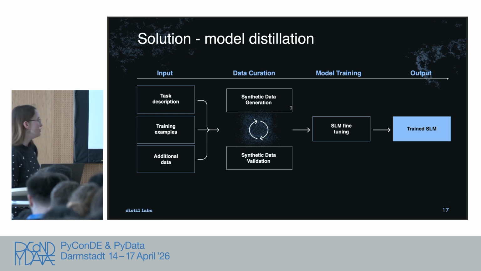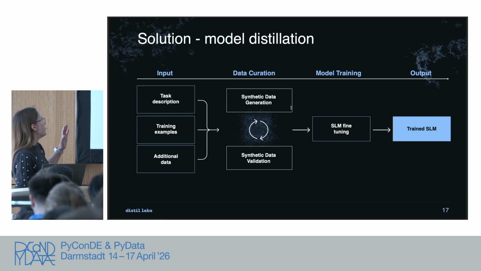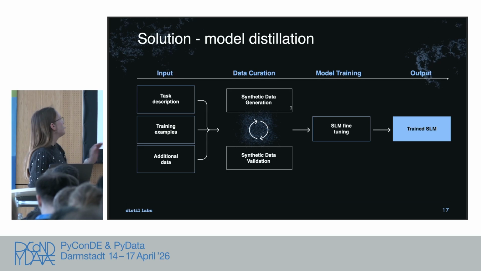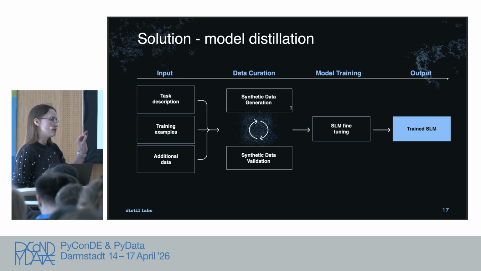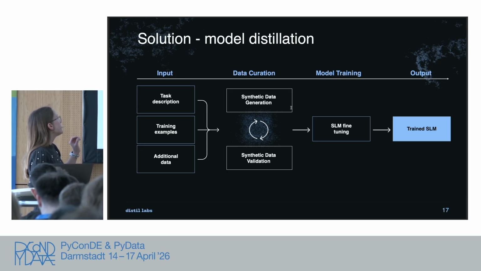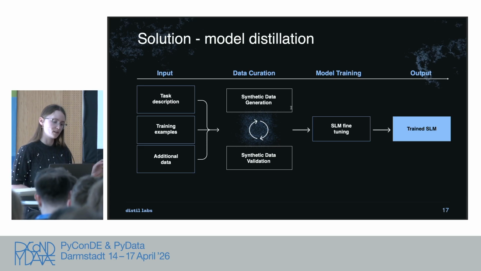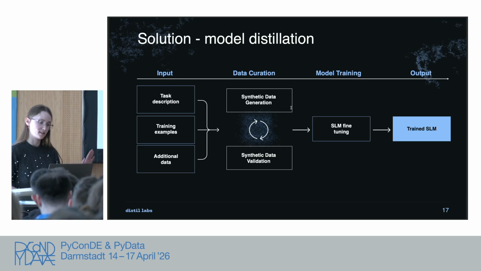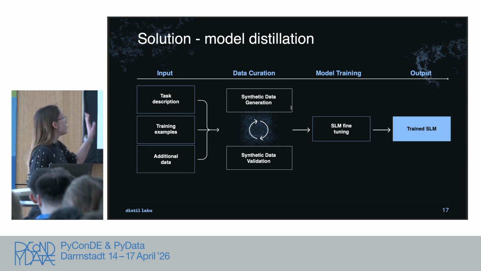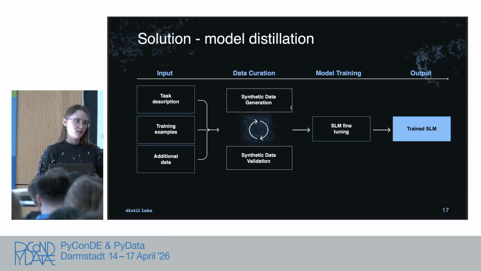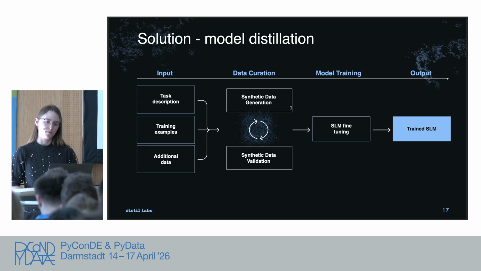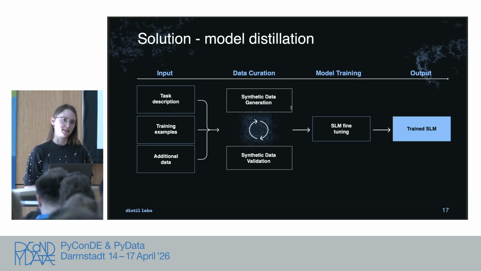So to look into the whole pipeline, we want to create the data, and so we need to instruct the teacher well. So we take a task description so that the model knows what we are solving. Maybe there are some constraints, stuff like that. Then we collect training examples. Of course, probably the more the better, but we had cases where we had only like 10 or 20 training examples.